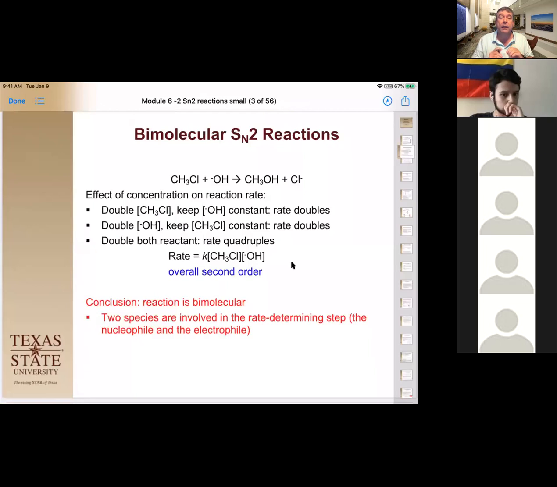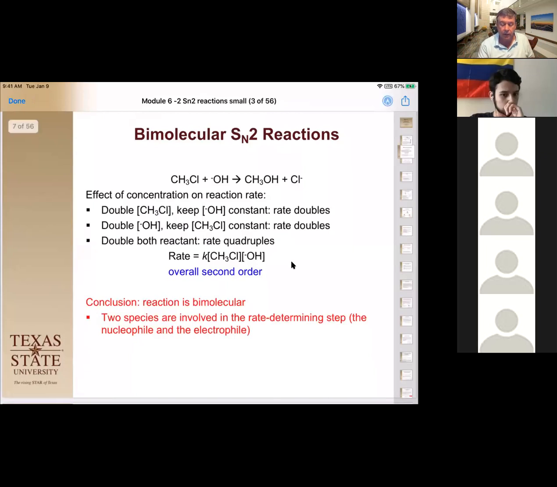What we're doing here is we actually have to have the nucleophile come in that transition state and start forming the bond while we're breaking the bond with the leaving group. Okay, so if that's a one-step reaction, that means the concentration of both of those molecules is important. And that's where the 2 comes from. You have to have both materials in the transition state at the exact same time. Okay, so what does this mean?